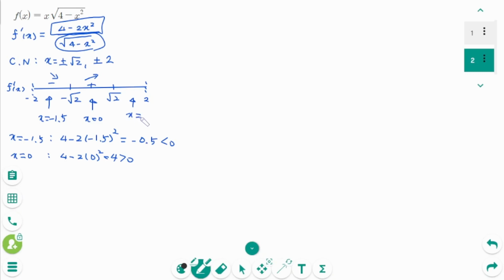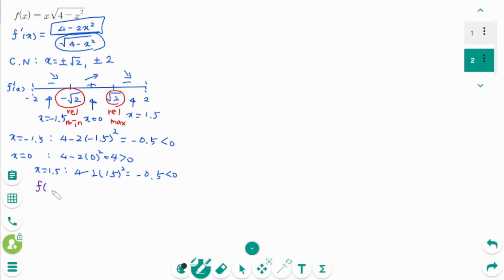When the testing number is x equals 1.5, 4 minus 2 times 1.5 squared equals minus 0.5, which is negative. f prime of x changes sign from negative to positive at x equals minus the square root of 2, so this one is a relative minimum. And f prime of x changes from positive to negative at x equals the square root of 2, so this means a relative maximum.